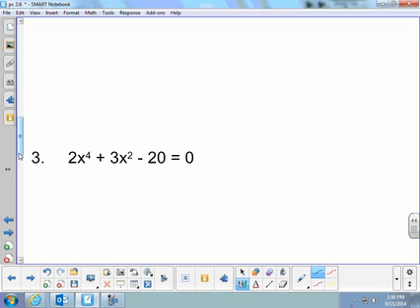Right on this one, again, I'm going to make that same substitution. y equals x squared. So I'm going to have 2y squared plus 3y minus 20. And the way I'm able to do that at the beginning is x to the 4th is the same as x squared squared. Let's go ahead and factor.